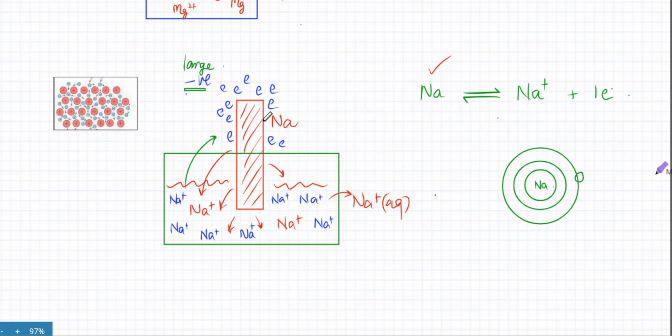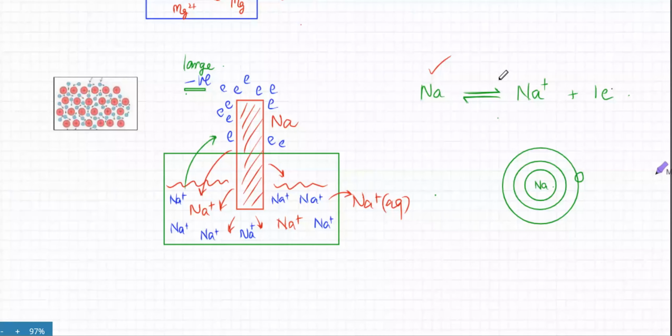Which is why the whole sodium rod is not going to react, because there is no one gaining the electron. Immediately once the first few sodium ions are formed and the electrons are left behind, the electrons have no place to go. There's going to be a lot of negative charge building up on this rod, and that negative charge would start to attract the sodium ions back again.